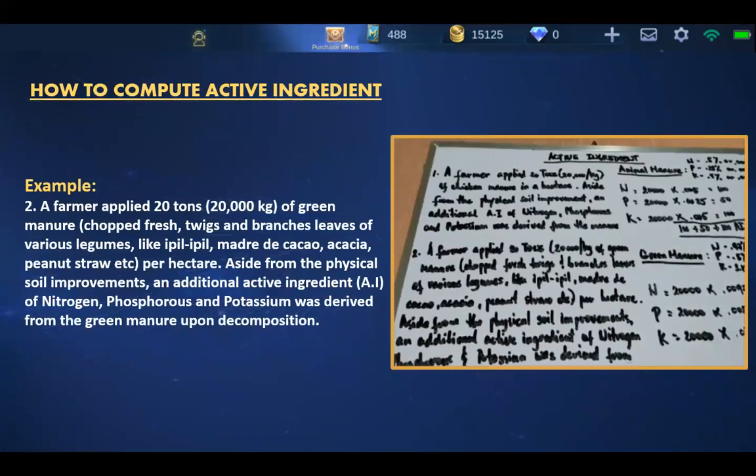Then 20,000 times 0.0315, our answer is 630. So the final answer is 194 plus 100 plus 630 active ingredients of green manure. So this is our final answer.